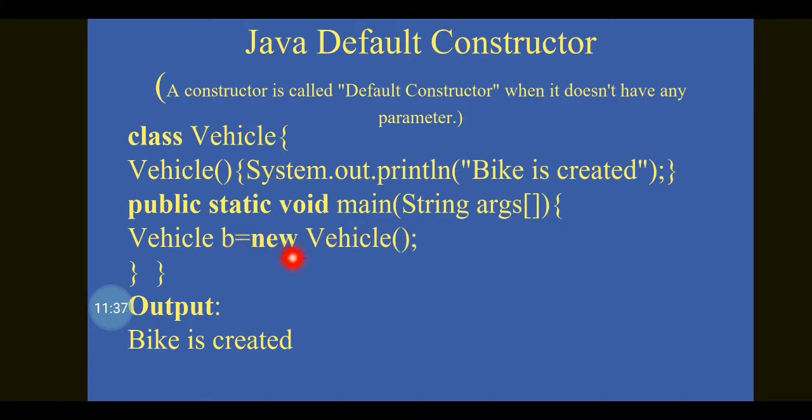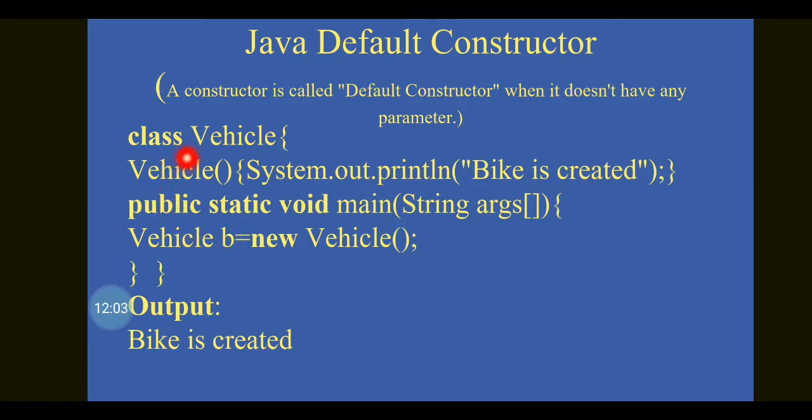Whenever we allocate memory using the keyword new, we use it to call the constructor Vehicle(). Since Vehicle() has the class name, it is called a constructor. This default constructor will be automatically called in order to instantiate the particular object b.